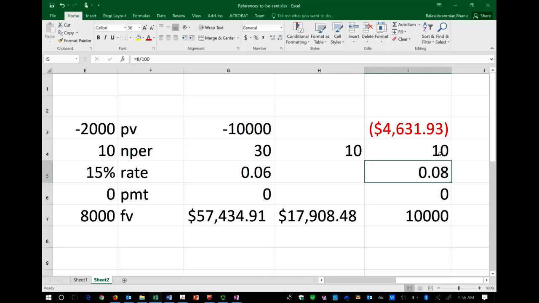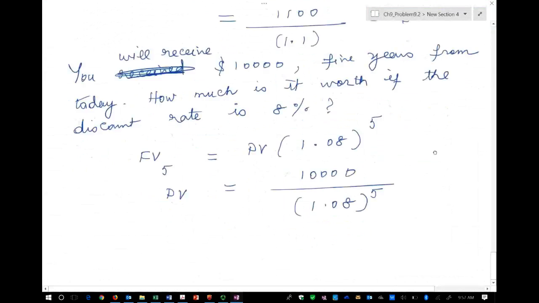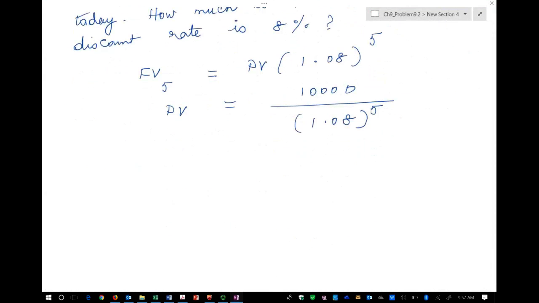Any questions so far? Now, we are going to introduce more complications, because the real world is much more complicated than this. So, let us draw a timeline.